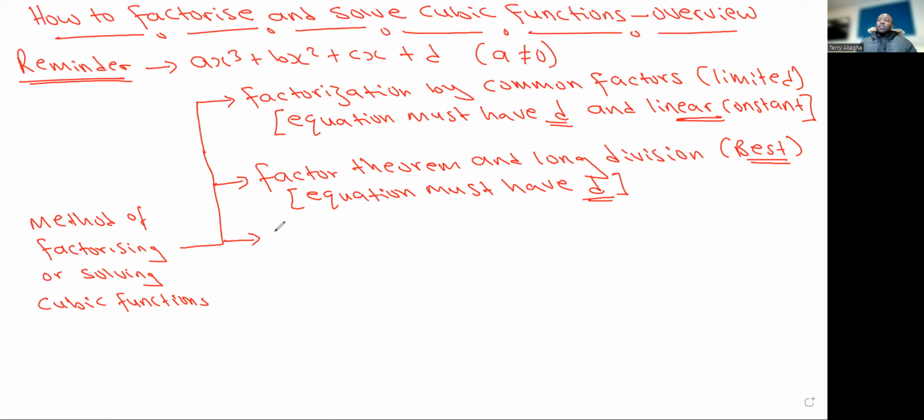Now the next method is what we call the factor theorem and KX method. For this one, the equation must have D and A must be equal to 1.